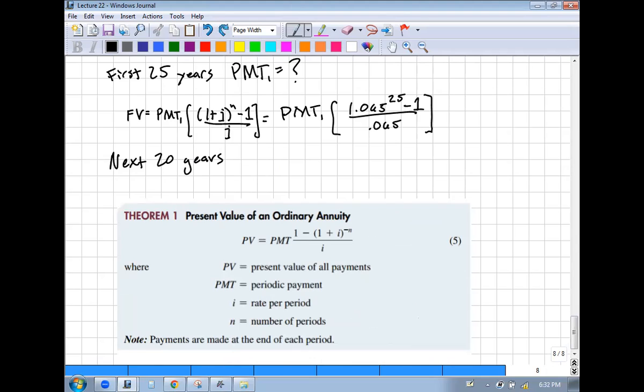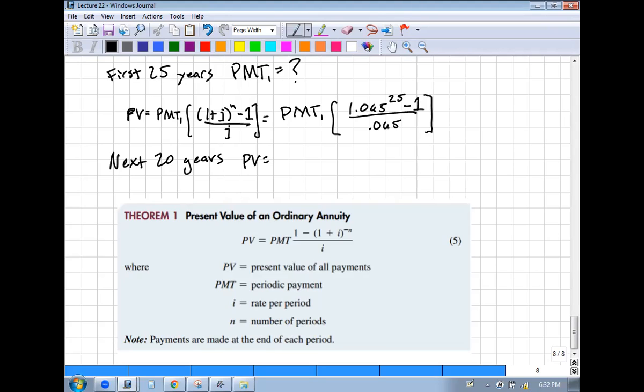This is the present value of all payments. So this present value is going to be that one's future value, right? So after 25 years, you have that much. So 25 years from now, that future value is going to be our present value. So these are going to be equal, right? The present value in 25 years is the future value now.